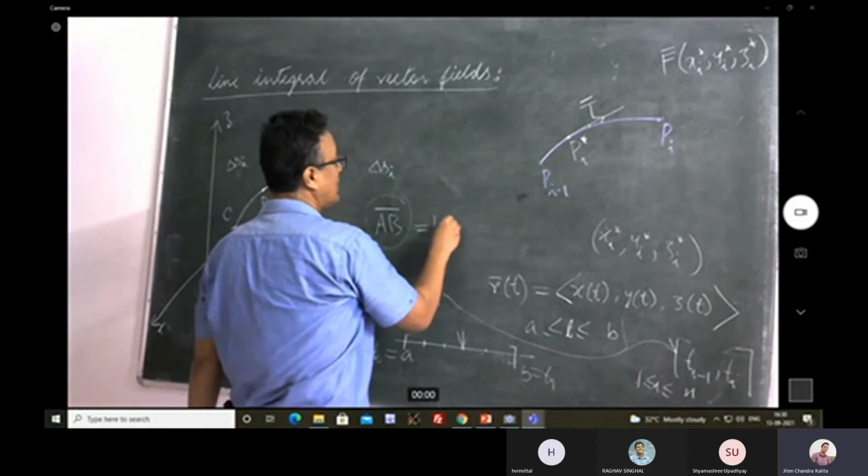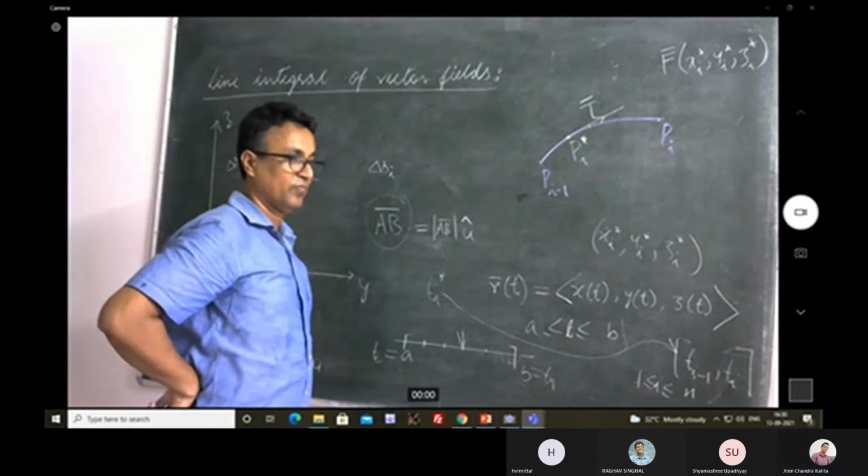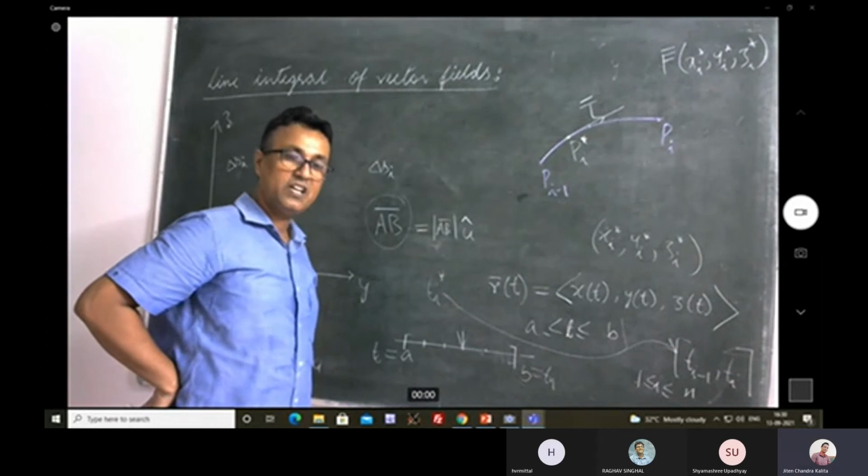It is simply the length of this arc times the unit vector along this. Is it okay?